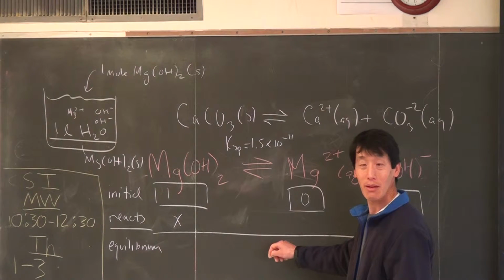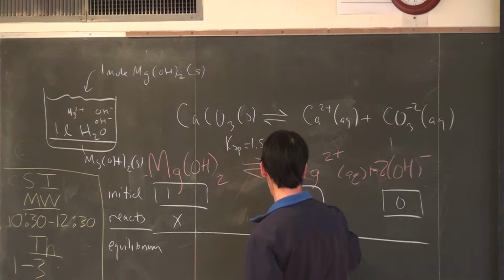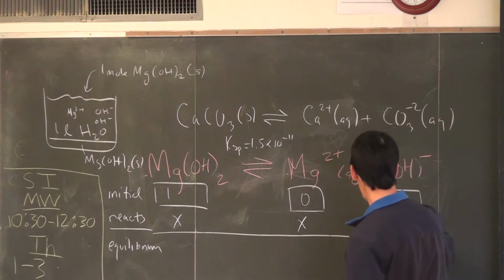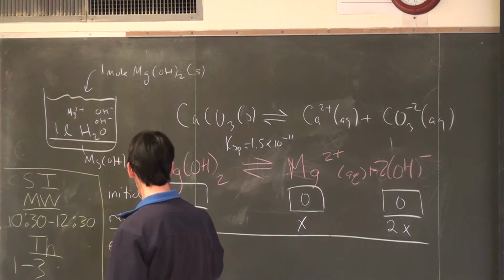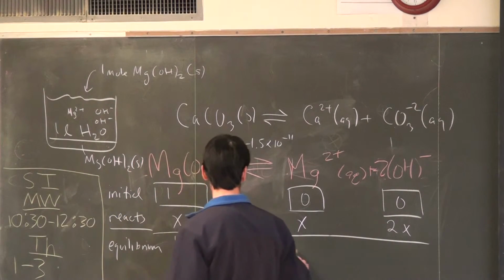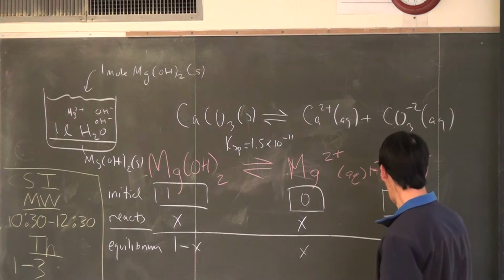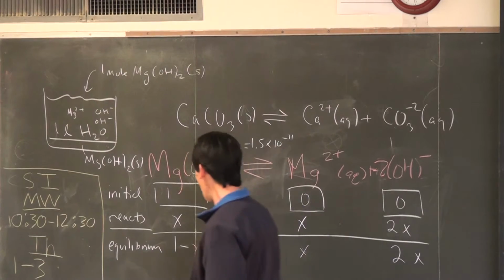X? Is that one? What about for here? 2x. Yeah, 2x. And at equilibrium, and here's going to be 2x.